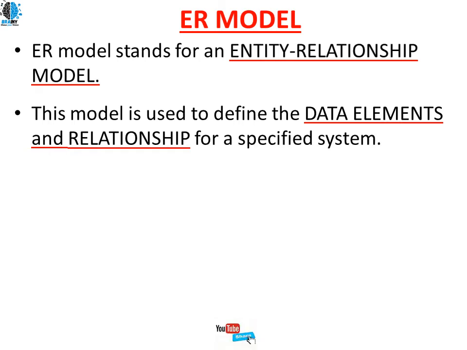For example, I have a production company. In that production company, I will have different departments and different data elements. How these data elements will communicate among themselves will be specified in our database model.